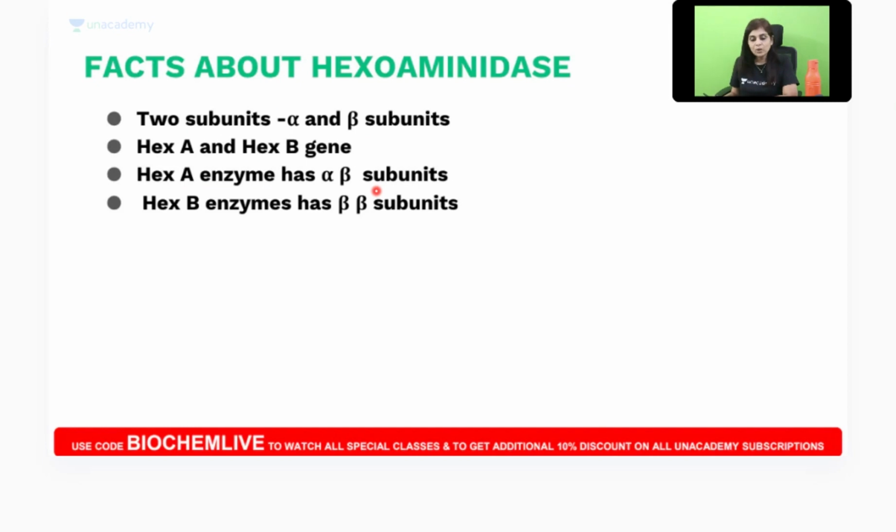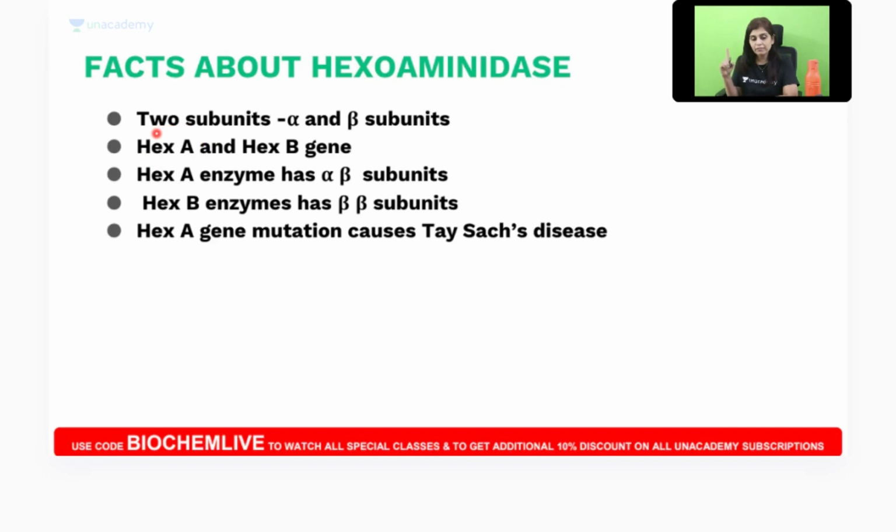And what did I tell you about Tay-Sachs? Tay-Sachs is caused by a defect of what? Tay-Sachs is caused by a defect of hexosaminidase A gene. And Sandhoff is caused by a defect of hexosaminidase B gene.